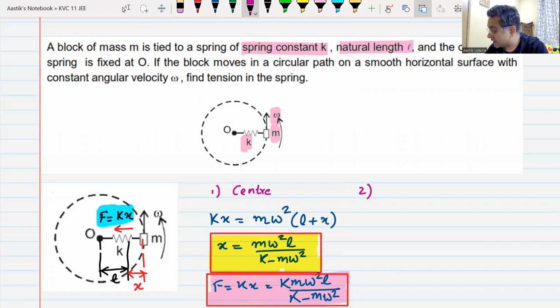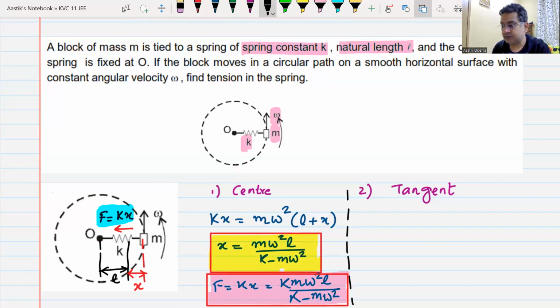Anyways, the second equation that I had to make was along the tangent. Can anyone tell me what is the equation along tangent? There is no force along the tangent, so I don't have to write any equation. Force is zero.